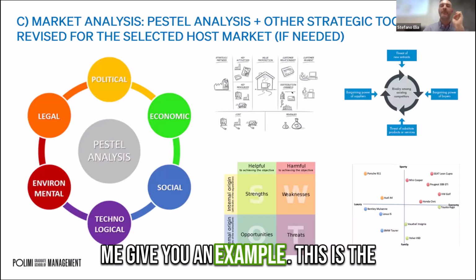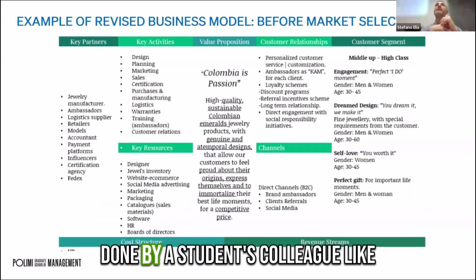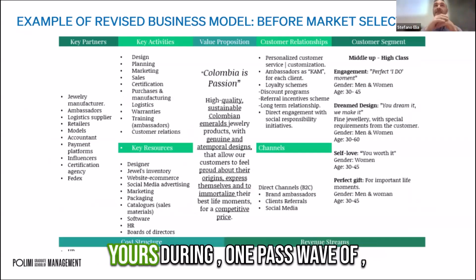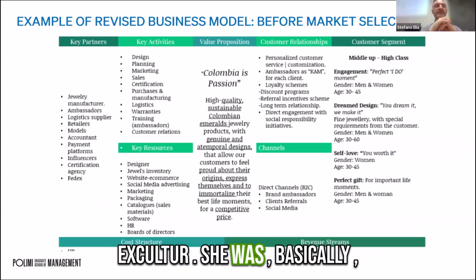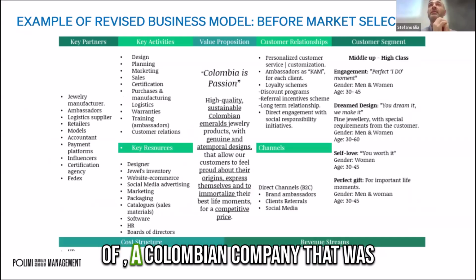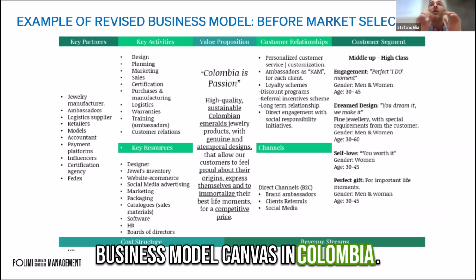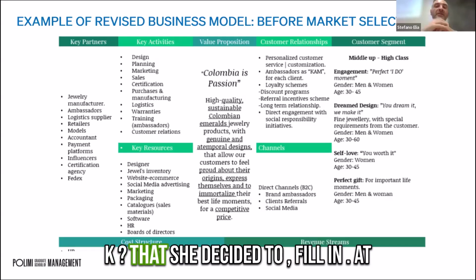Let me give you an example. This is the business model canvas that was done by a student, a colleague like yours, during one past wave of X-Culture. She was managing the internationalization of a Colombian company that was selling jewels. And this is the business model canvas in Colombia that she decided to fill in.